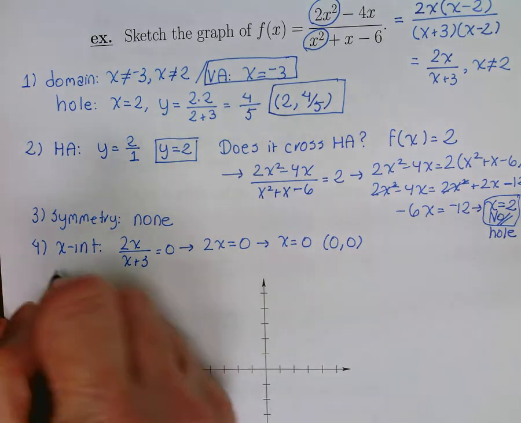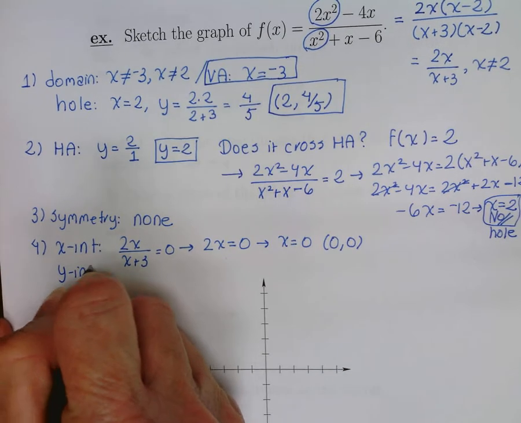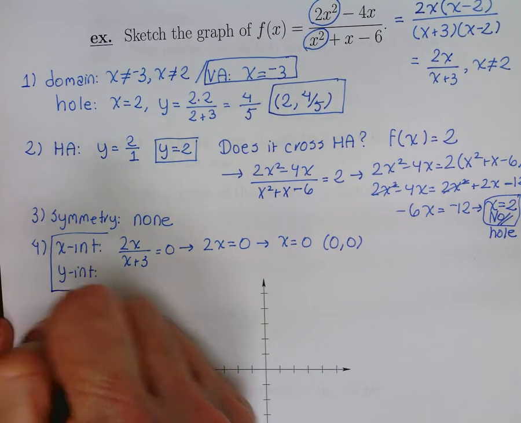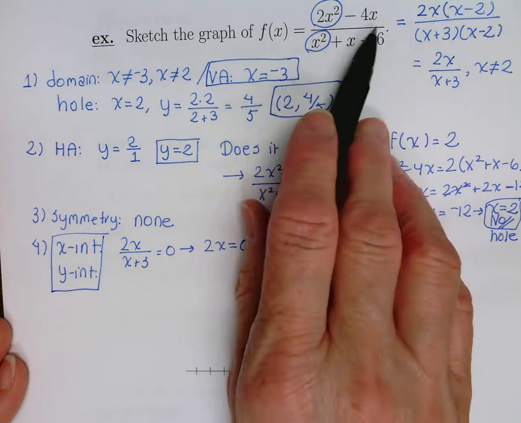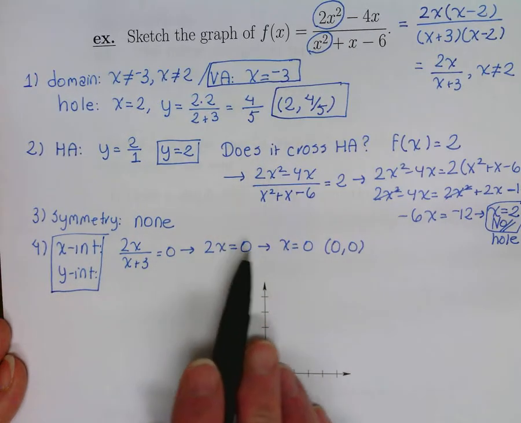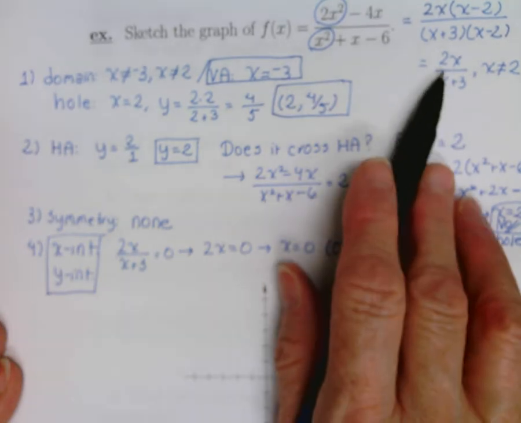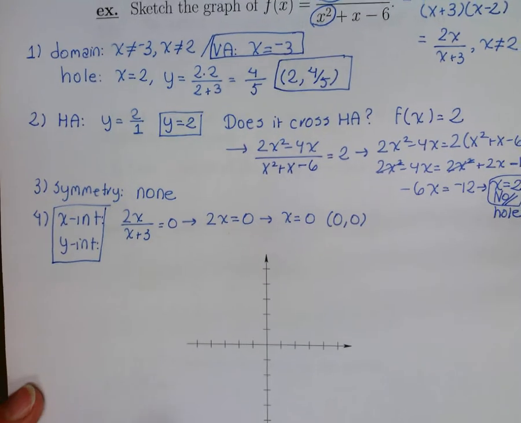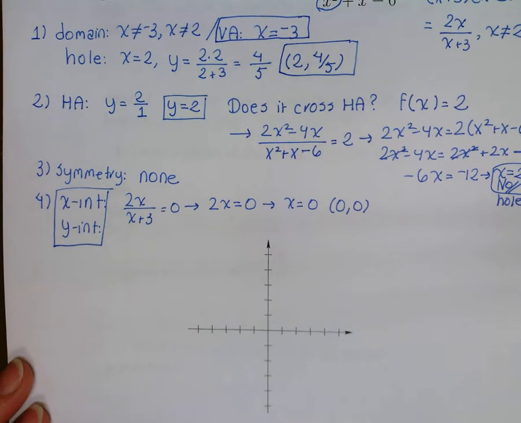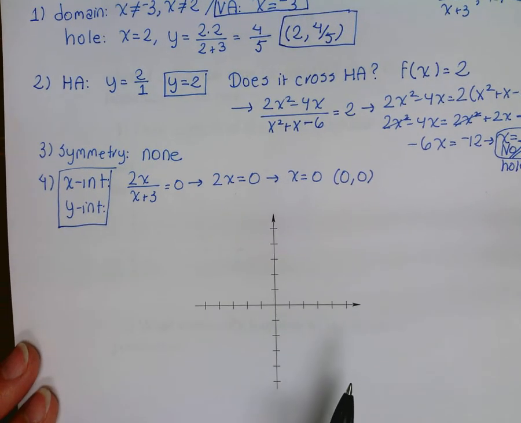So the y-intercept and the x-intercept are the same. They're both the origin. Because if you plug in 0, you can see it either from the original or from this, that f of 0 is going to be 0 in both cases. I think it's my hand that's doing that, so I'll try and hold it back for you.